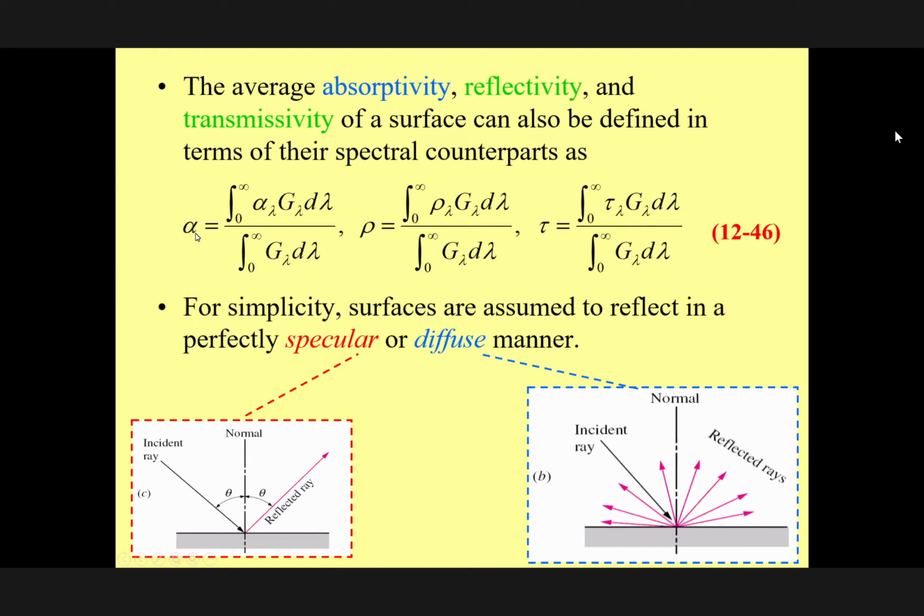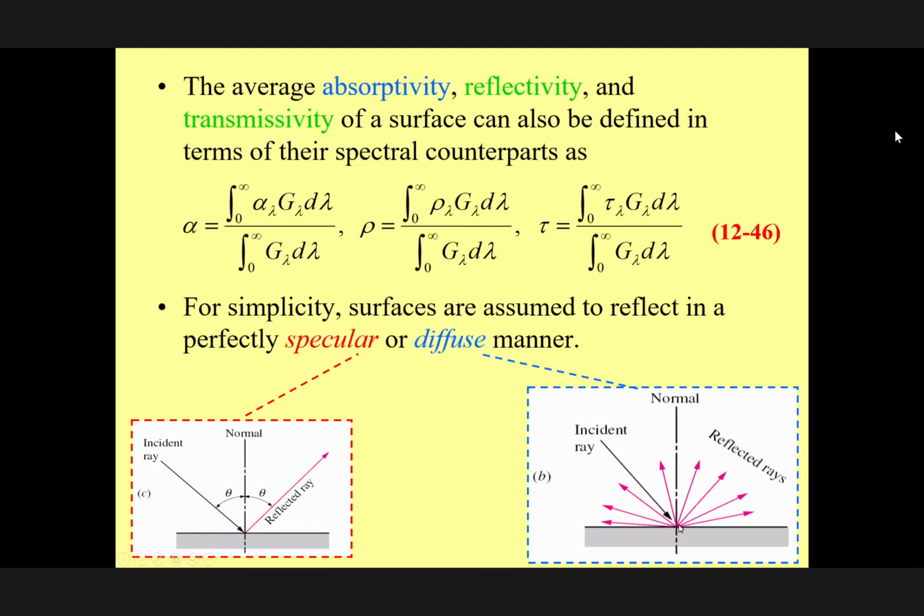Therefore, if you look at the table, it shows you the alpha, and that alpha is the average value, okay? Again, we have to go back to understand what we mean here. For simplicity in our calculation, surfaces are assumed to reflect perfectly, we call it specular or diffuse.